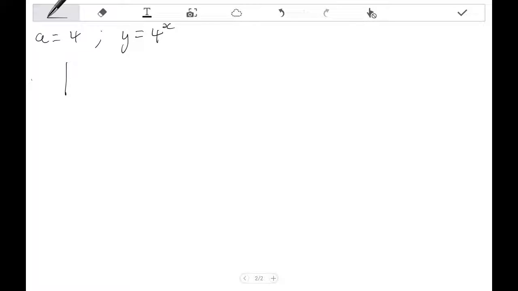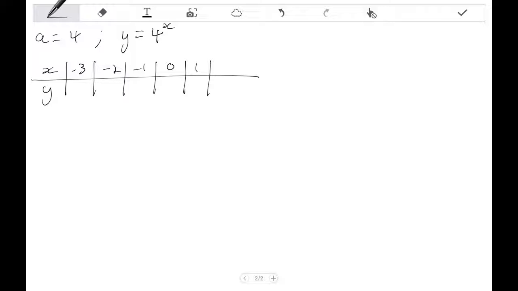So again, if we get some values for x and y, now we have that we'll have 1 over 64, 1 over 16, 1 over 4, 1 again, 4, 16, 64.